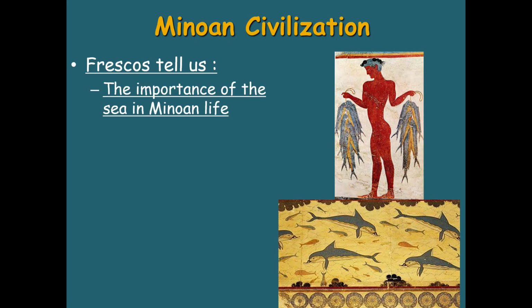Another fresco. From these frescoes, we would be able to tell how important the sea was to the Minoans. You can see that they could get fish from the sea.